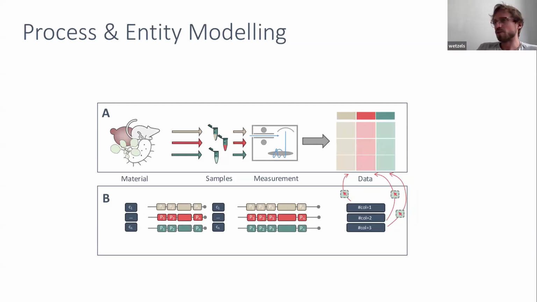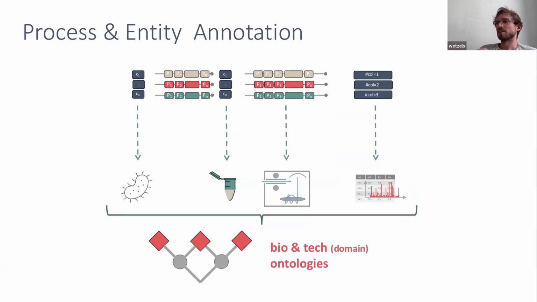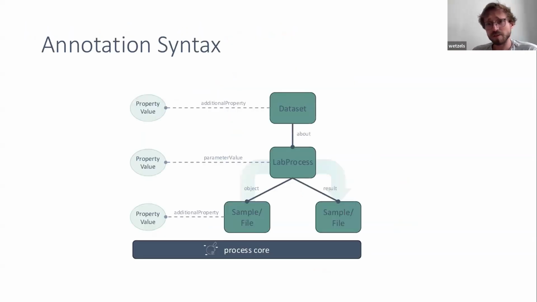The approach that we're taking is a very generic way to annotate them with terms from any biological or technical ontology, in a very similar way to the already existing type Sample.